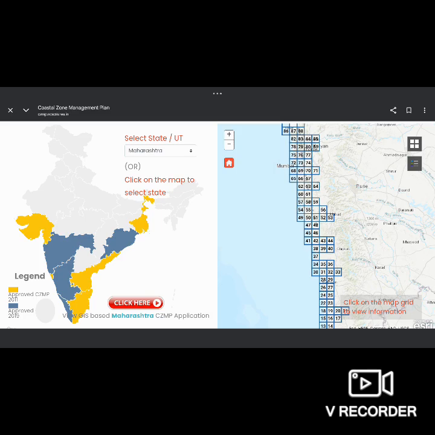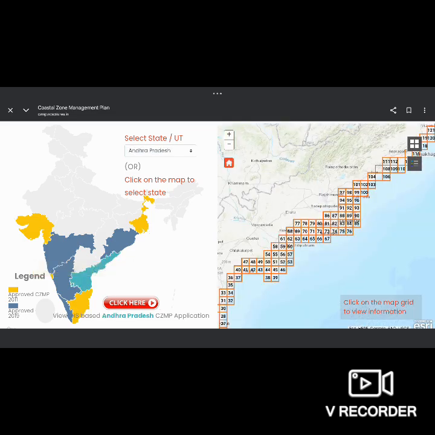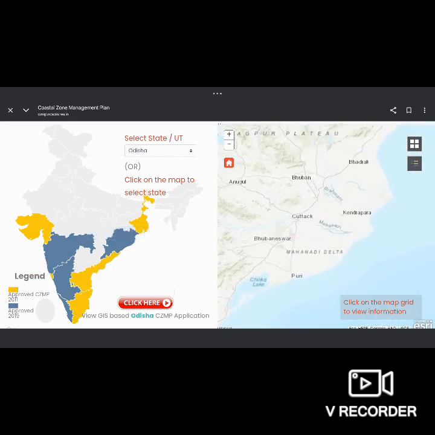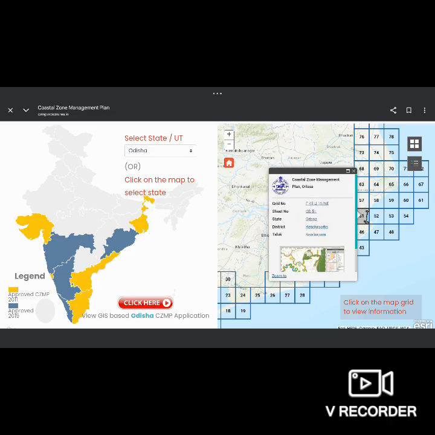Select any grid, like we select grid number 50, and you will get information about this coastal area, that this grid falls under district Raigad and Taluka Mhasla, and this area is under the protection of the Coastal Zone Management Authority. So you can check one by one for all the states, and every grid under this map is basically allocated for separate coastal areas, for the protection of separate coastal areas.